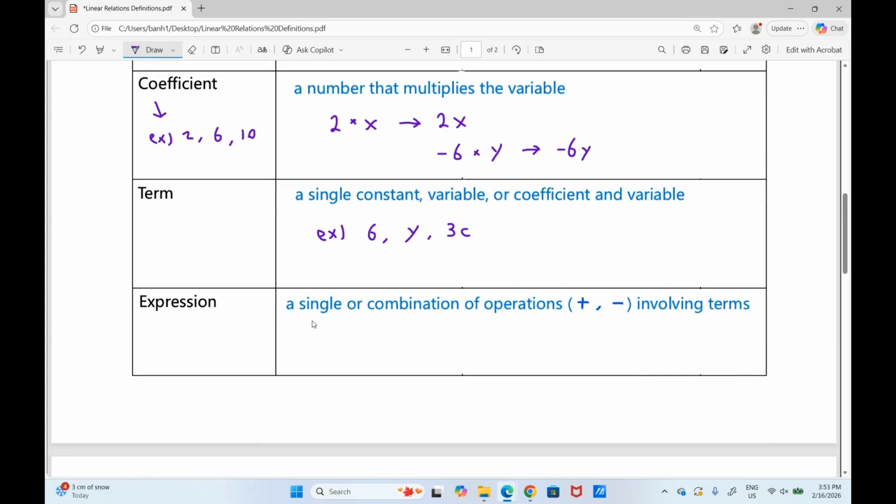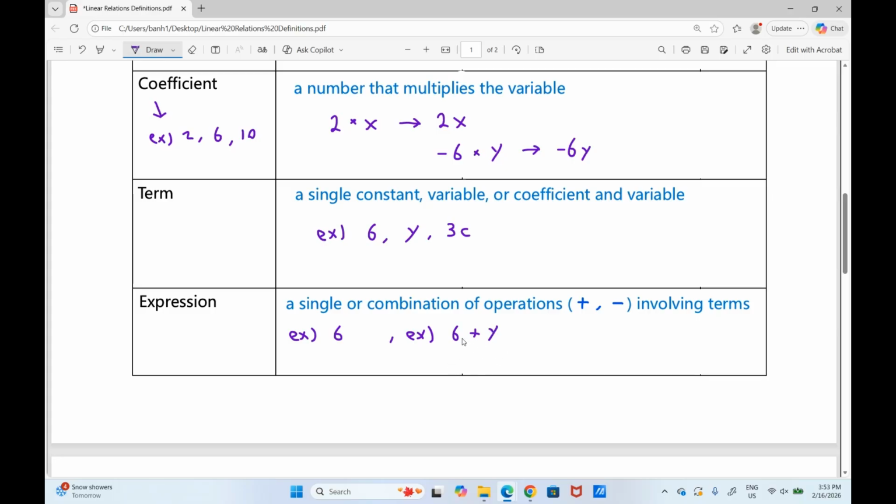An expression is a single term or a combination of terms using plus or minus operations. So an example of an expression could just be 6. I could just leave that, and that could be called an expression. Another example could be 6 plus y.